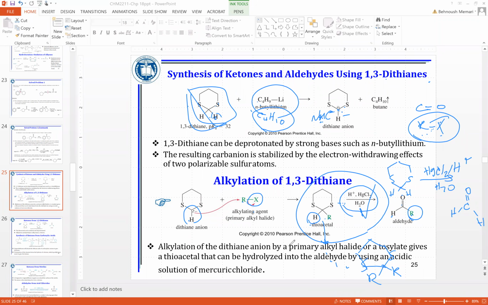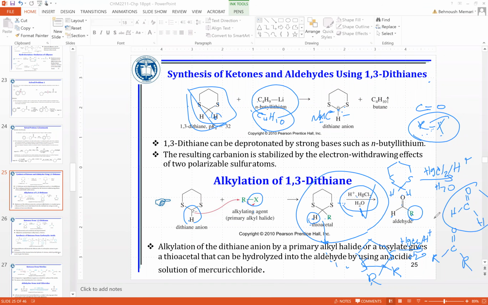You remove the hydrogen and then bring another RX or alkyl halide to replace the hydrogen with a second R. So if you have the R group and then you add the mercury chloride with H+ and H2O, this is going to give you a ketone. If you hydrolyze without taking any hydrogen, you would get formaldehyde.